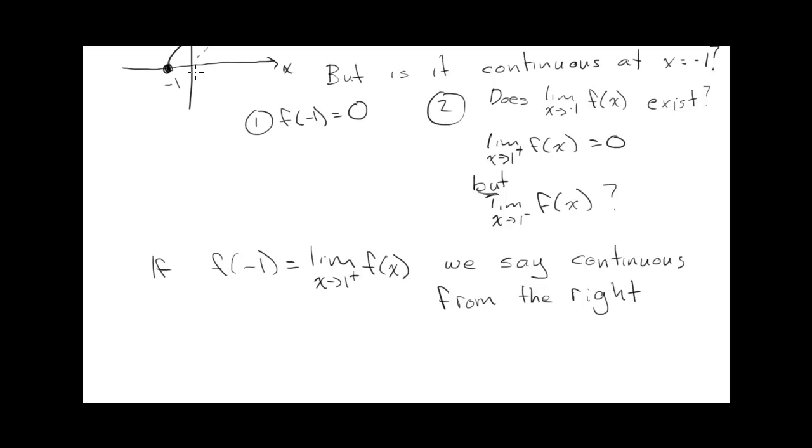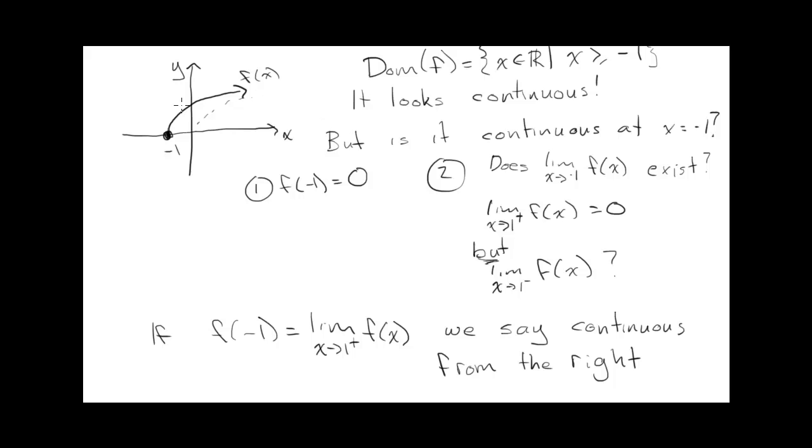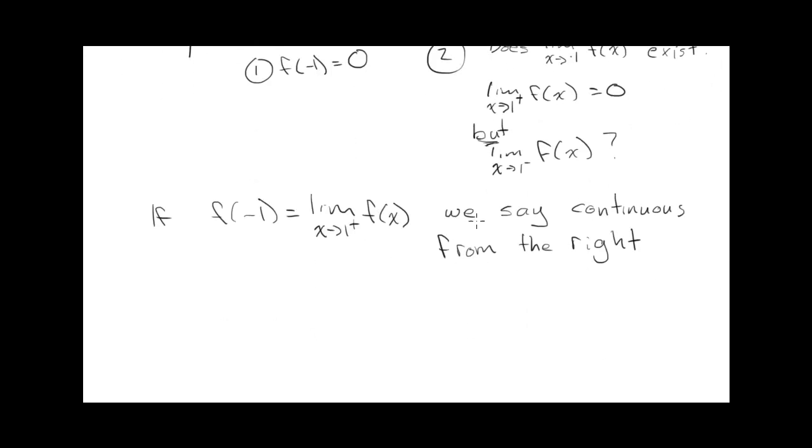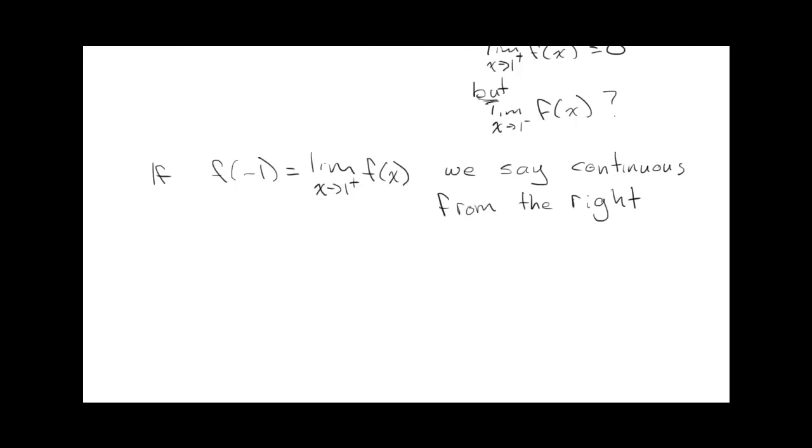And then if it existed from the left, we'd say continuous from the left. So it makes sense, right? It's continuous from the right. And in this case, since the function does not exist to the left, continuous overall would be understood to mean continuous from the right of -1.